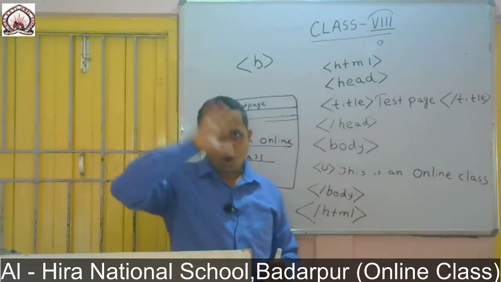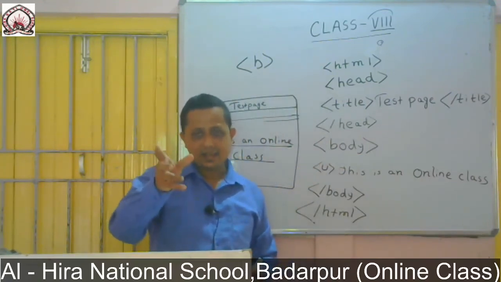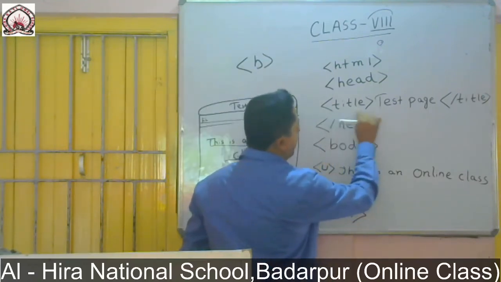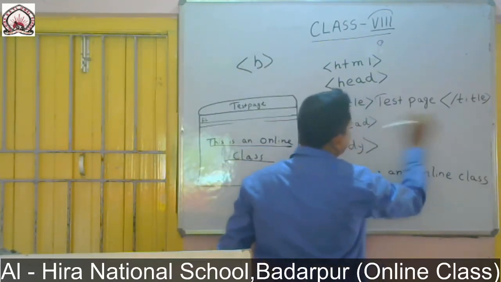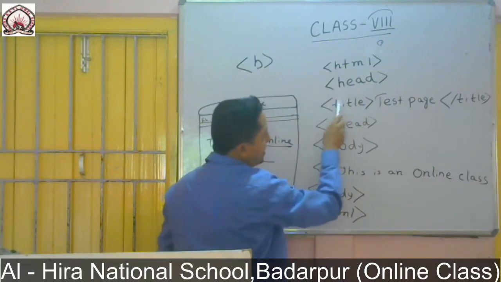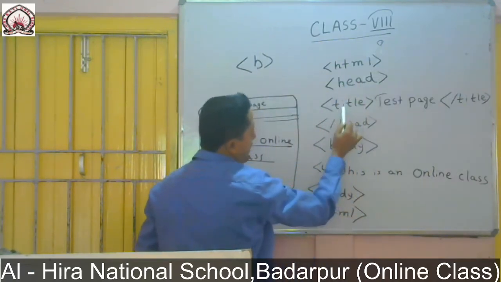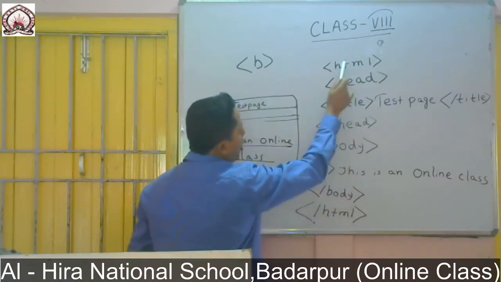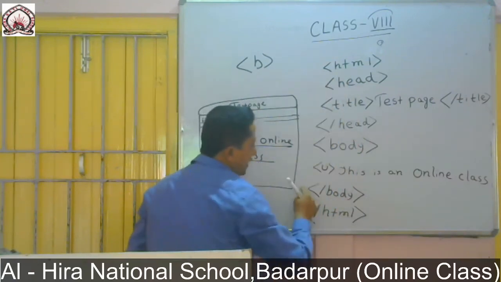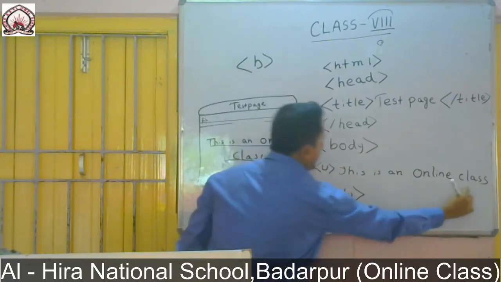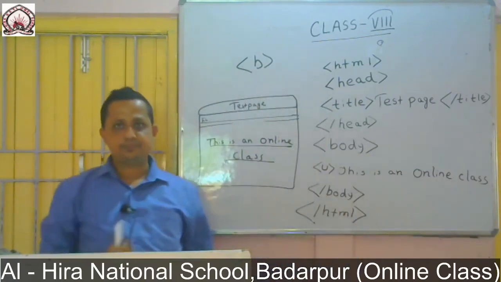So it has opening tag, content. Now see, for this one, this is open, this is close, so this is the content. See, open, content, close, open, content, close. For this one, open, this all is content, this is close. For this one, open, this is content, this is close.